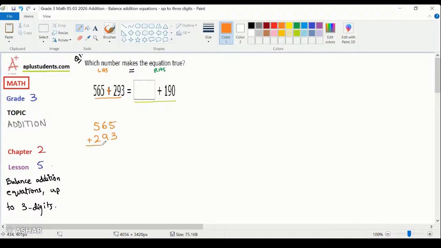Let's add the ones. 5 plus 3 is 8. 6 plus 9 is 15. We carry the 1. And 1 plus 5 is 6. 6 plus 2 is 8. Agreed? So this means on the left hand side, our answer is 858.